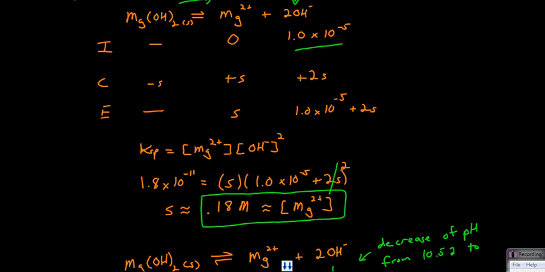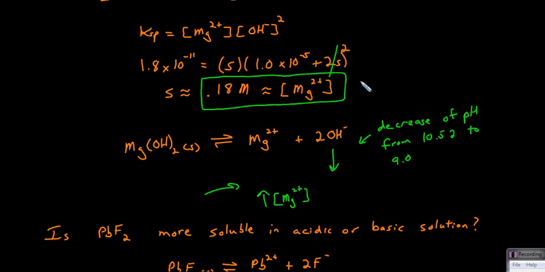By decreasing the pH from 10.52 to 9.0, we made the solution less basic or more acidic. This decreased the concentration of hydroxide, shifted the reaction to the right, and hence increased the concentration of magnesium which could dissolve.